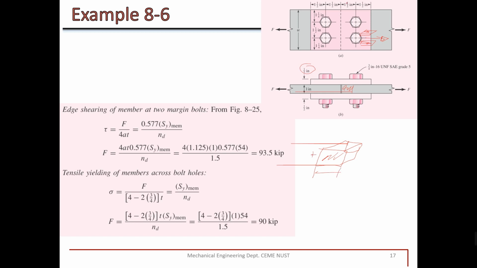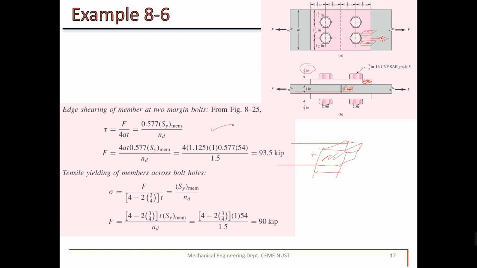In this case, it is written 1.5 inch for this and 1.5 inch for this material as well. So if this fails, the area is 1.5 inch multiplied by thickness, which is half inch, and for this, 1.5 inch distance multiplied by thickness, which is 1 inch. So you can calculate this value for all.